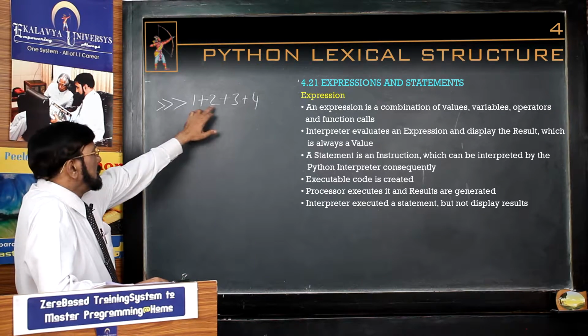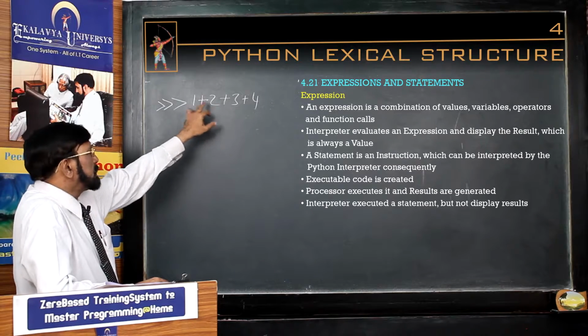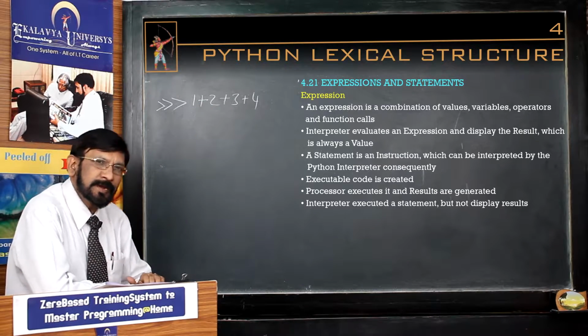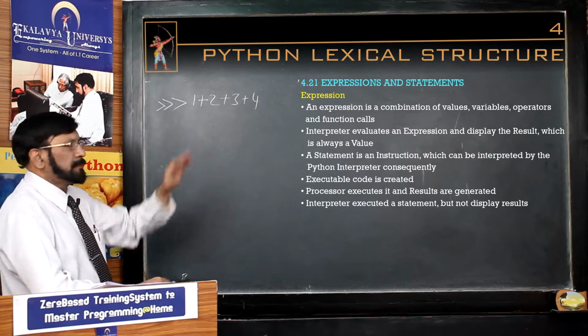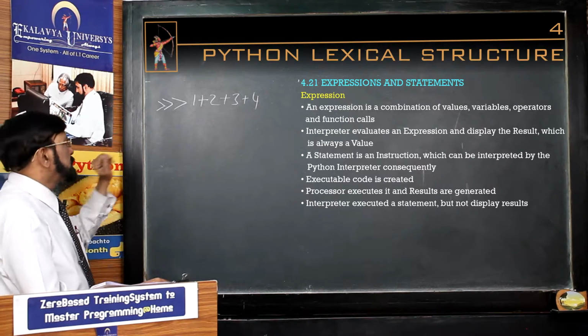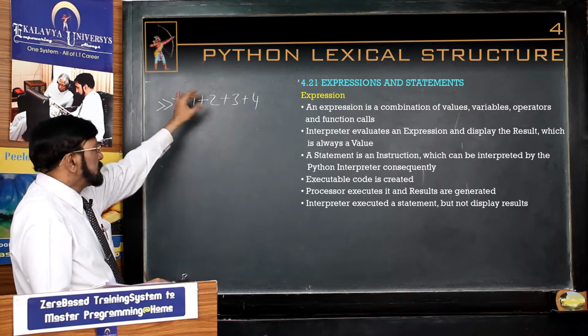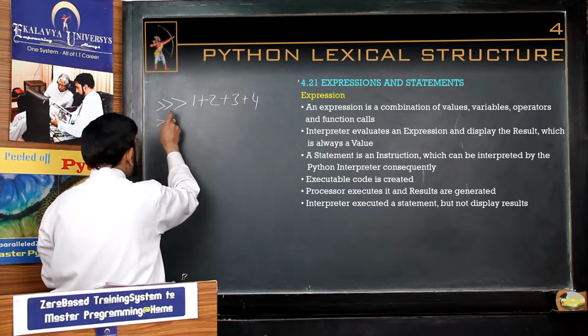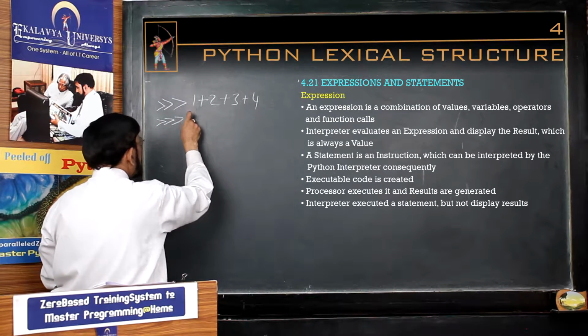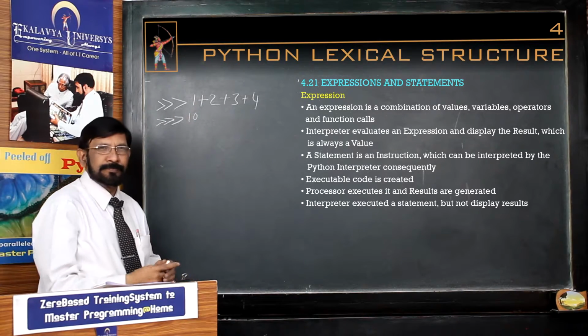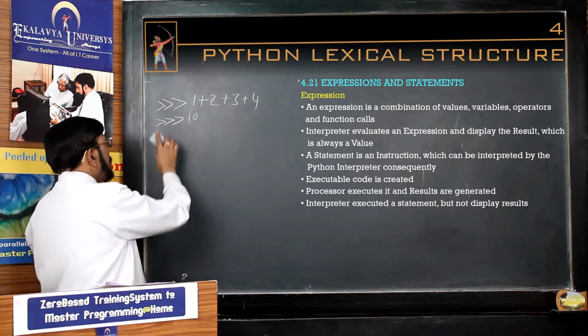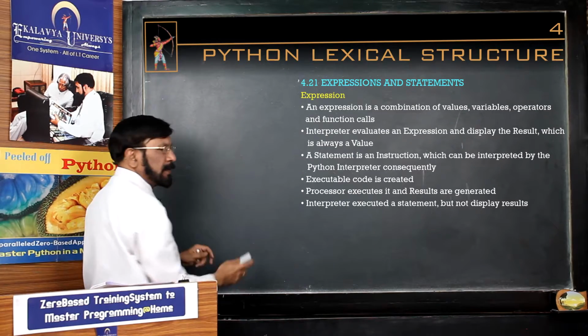Here we have written 4 literal values, 1, 2, 3 and 4, and 3 operators. So, it is an expression. If you write it at the command line interactively, it is interpreted and the result is immediately printed as 10. This is the expression.